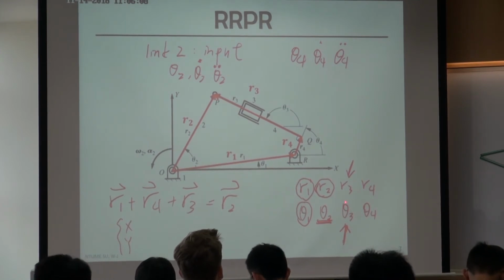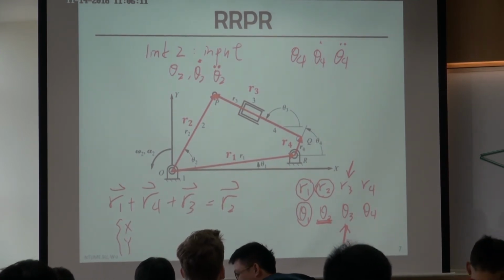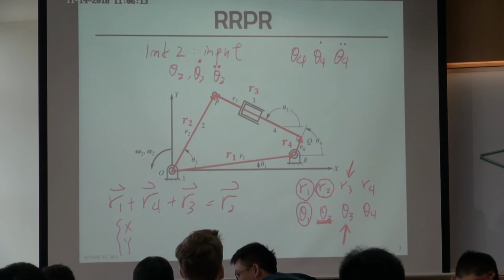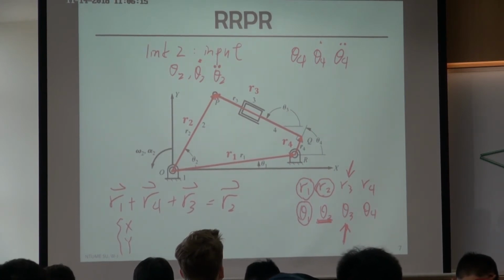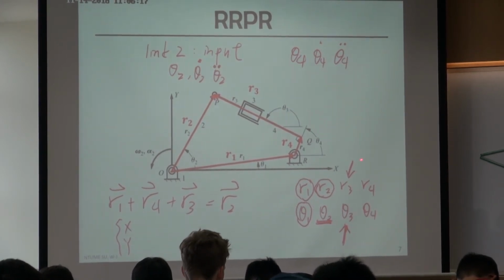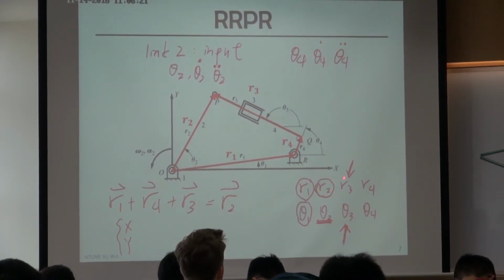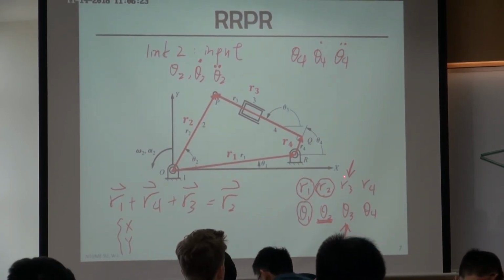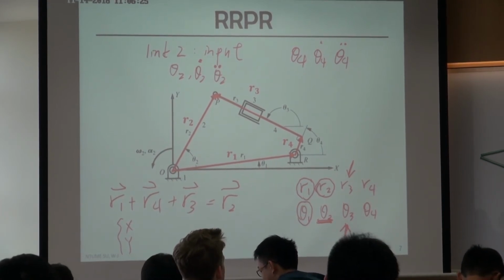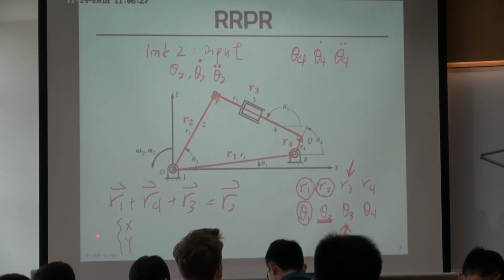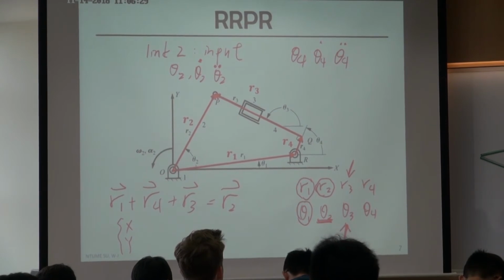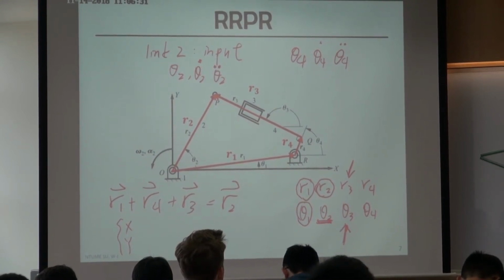So both theta 3 and R3 are variables. They are unknowns. Okay, so right now we have 2 unknowns. So we are hoping these 2 are the only unknowns. Otherwise, because we only have 2 equations, these 2 equations should be able to only solve 2 unknowns.